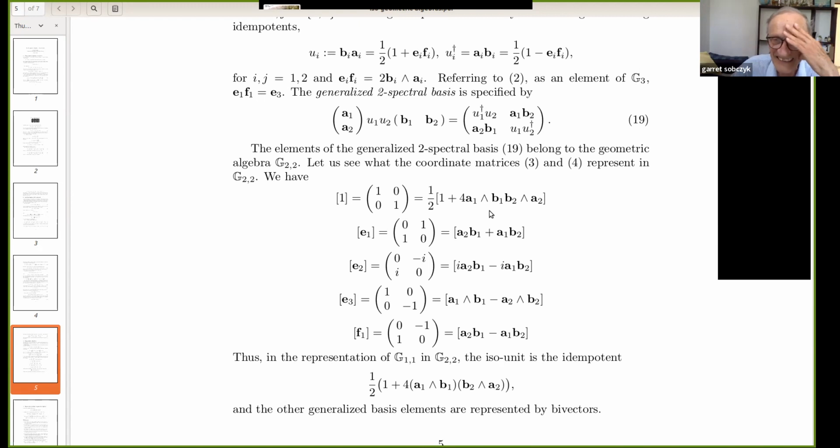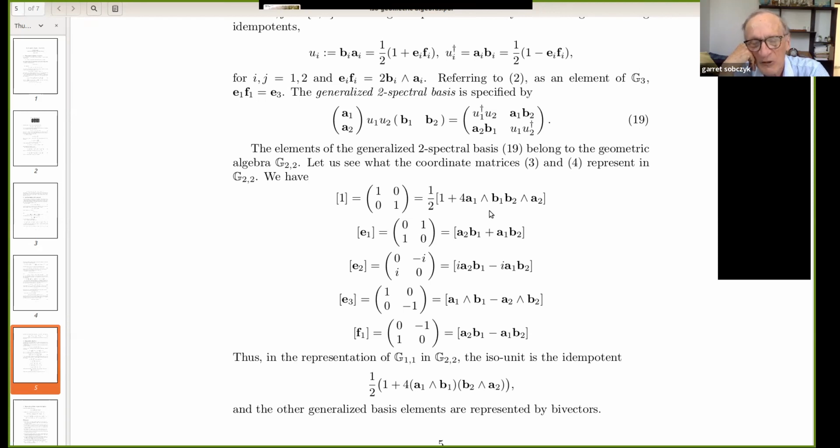Well, that's the interesting thing. As in the isogeometric algebra of Dr. Santilli, we're reinterpreting the elements of G3. But in this isogeometric algebra, to represent G11, we're really going to a higher geometric algebra.